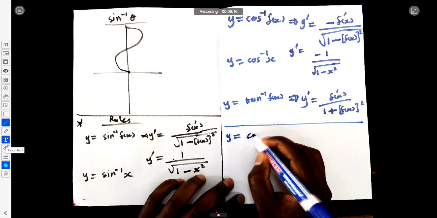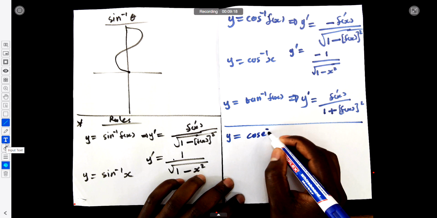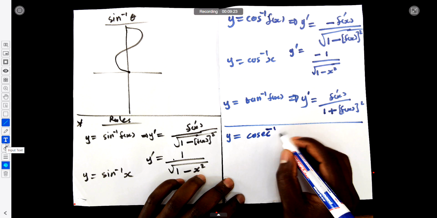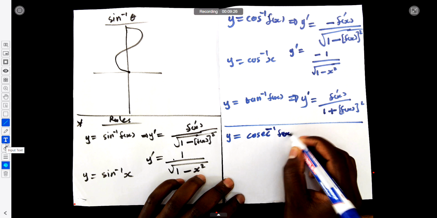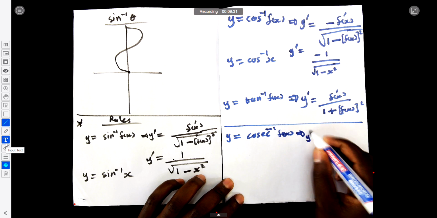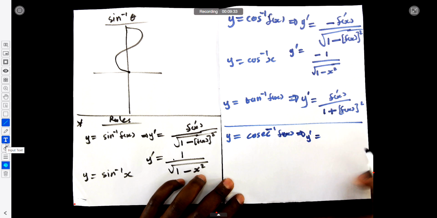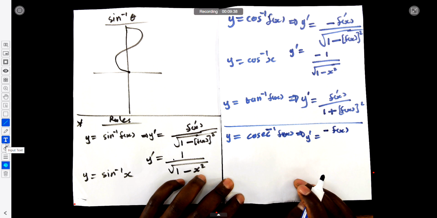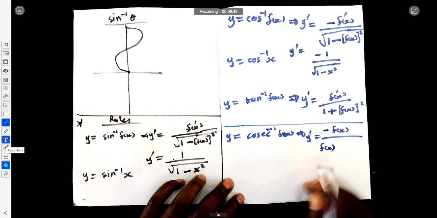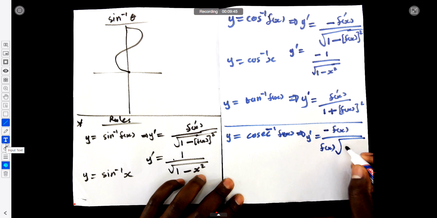While we are still playing around, let's say we have arc cosec f of x. The derivative is equal to, in the numerator, negative the derivative of the function, all divided by f of x multiplying the root of f of x all squared minus 1.